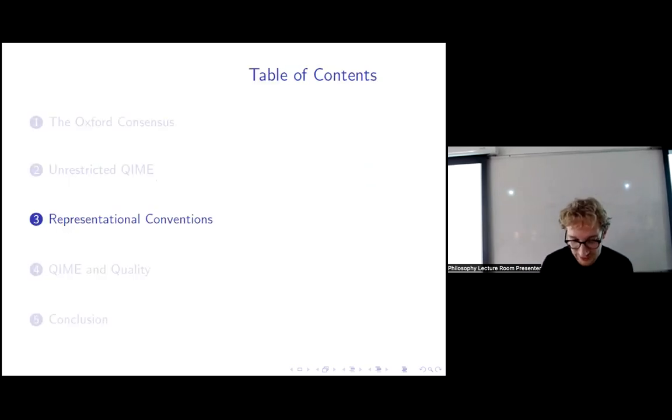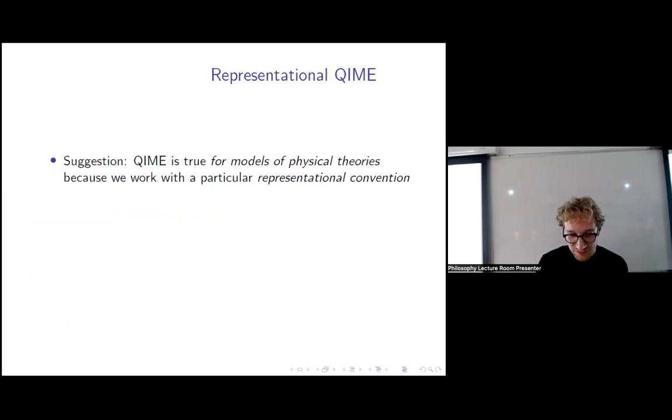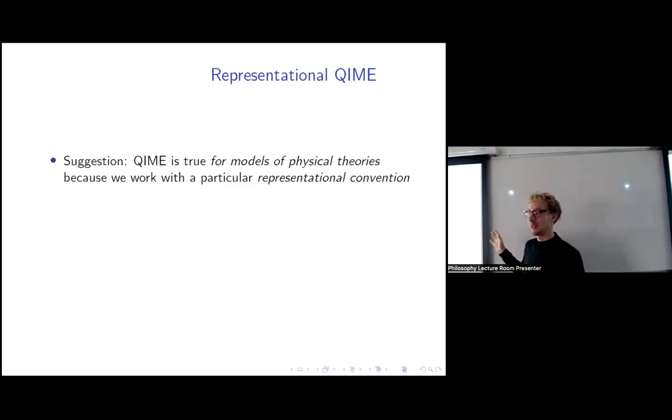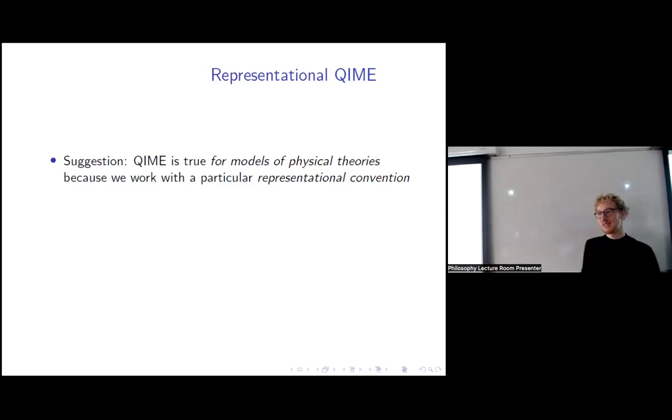So let's move on. Here is a suggestion. Quine is true for models of physical theories. Maybe we need to restrict that further. Maybe it's something like mature physical theories or mathematicized physical theories, the kind of mathematical theories that philosophers of physics look at.